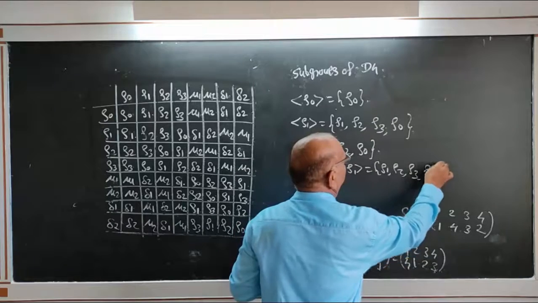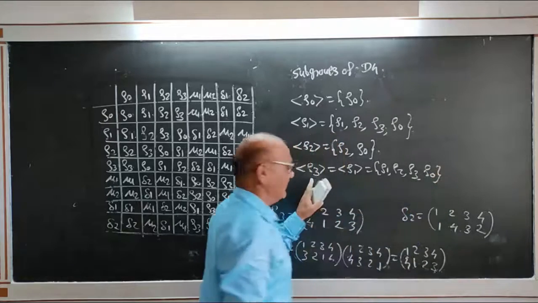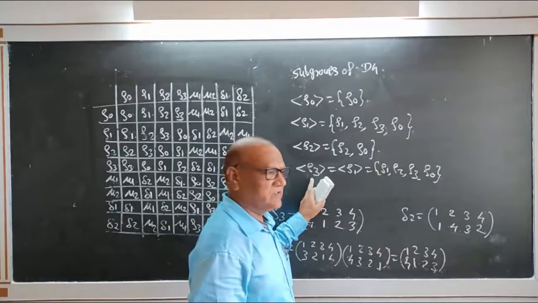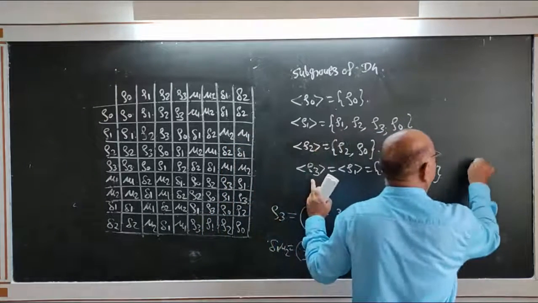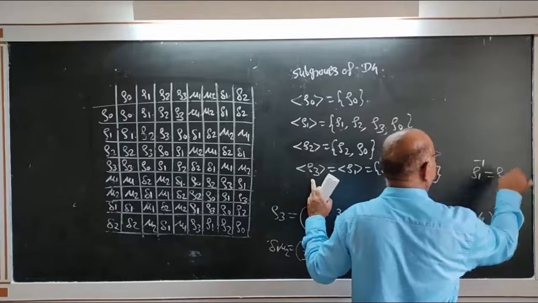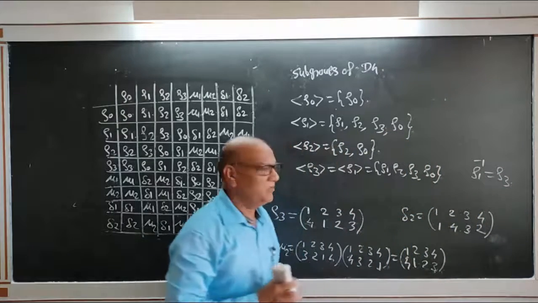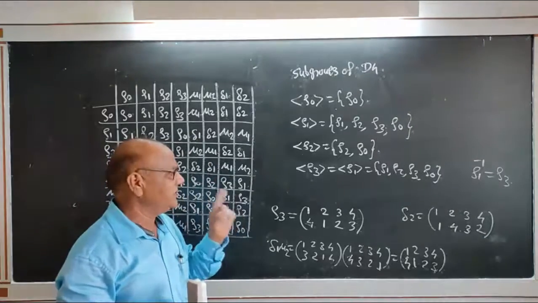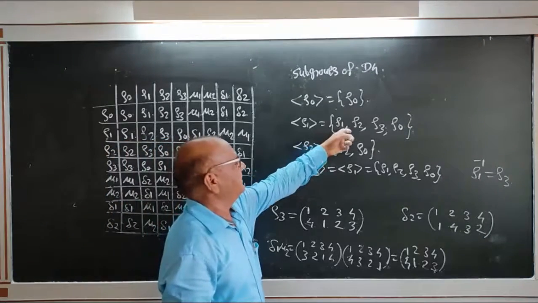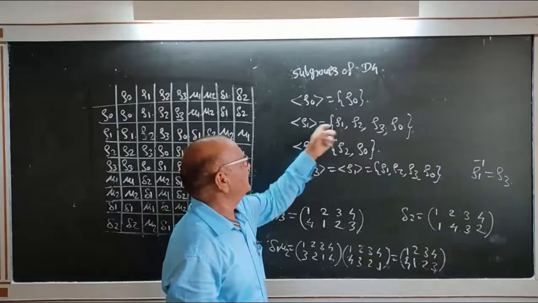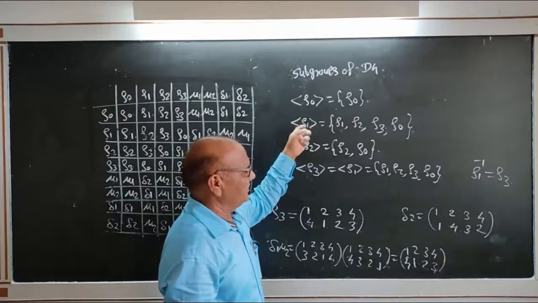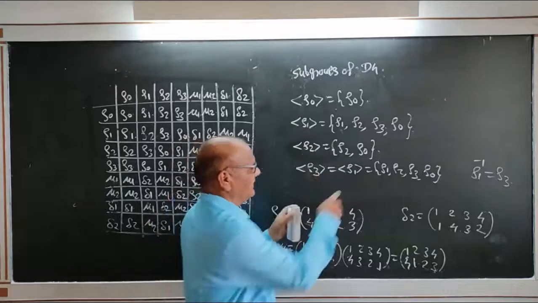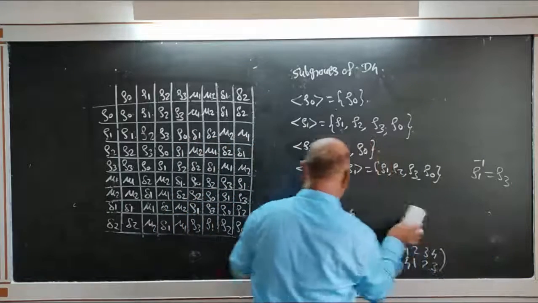If A is a generator, then A inverse is also a generator. Here, row 1 inverse is equal to row 3. So row 3 also generates the same subgroup.